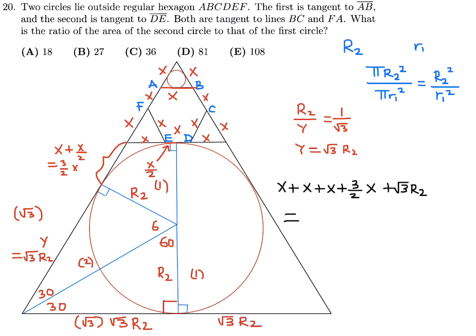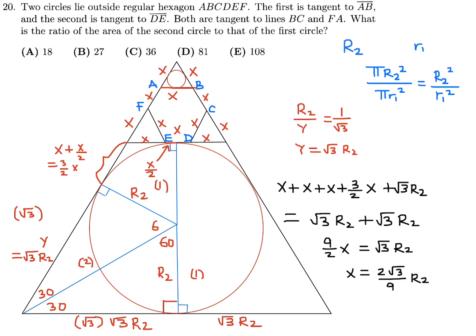This side, because this is an equilateral triangle. So that is root 3 R2 plus root 3 R2, like that. So combining, we get, let's see here, 9 over 2x is equal to root 3 R2. And therefore x is equal to 2 root 3 over 9 R2.